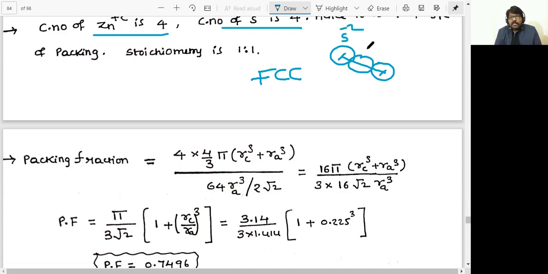So these are all sulfide ions. So here already in the previous video, I clarified the point. In all ideal calculations, in reality, there may be some gap between sulfide ions, but when you are doing paper and pencil work, we are assuming that there is a contact between sulfide ions.